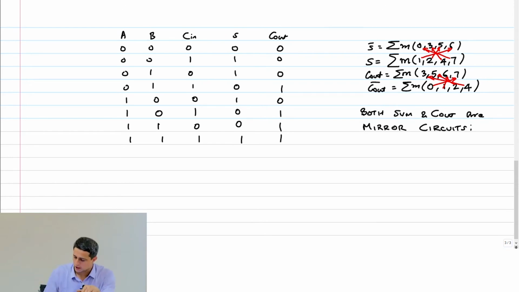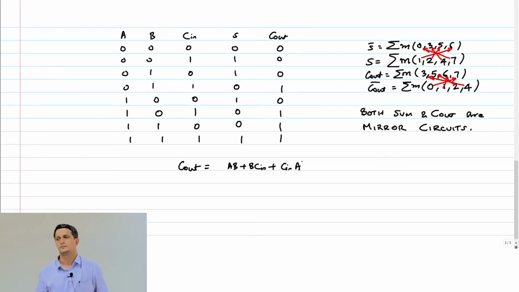Okay. So what is my carry out expression now? AB plus B C in plus C in into A. Correct? We discussed this in the last module itself. So I'll go straight to the circuit and just implement it in one shot.